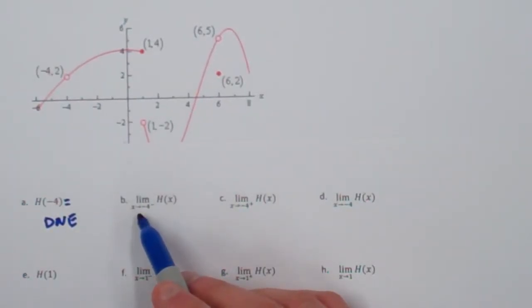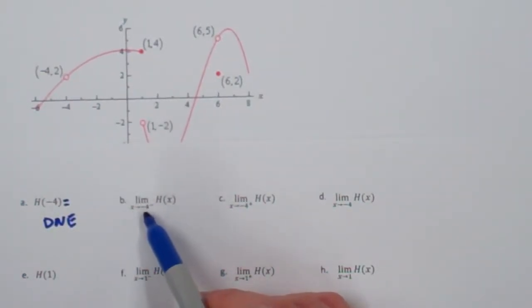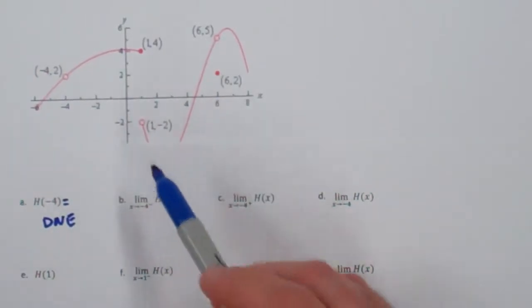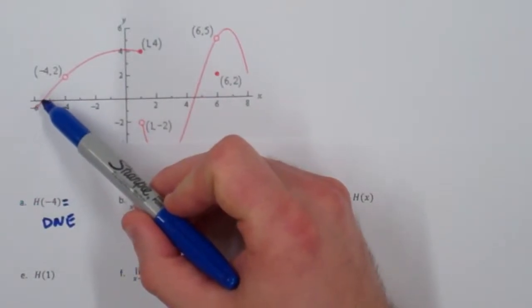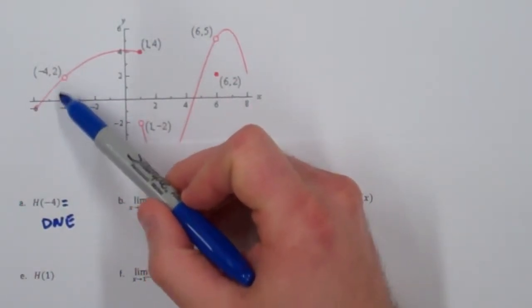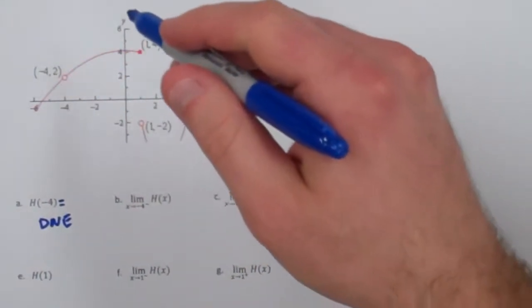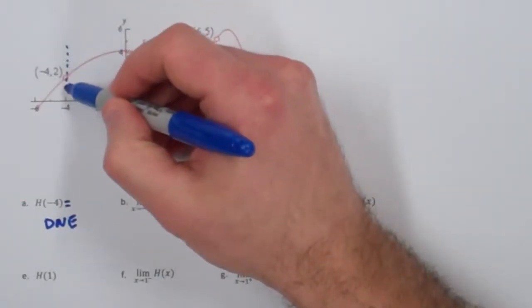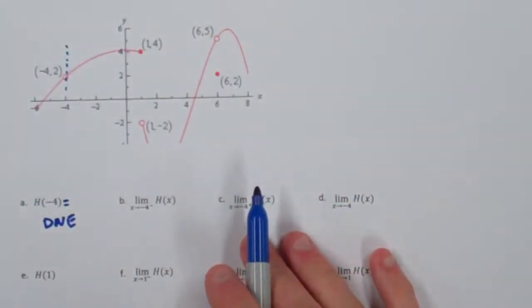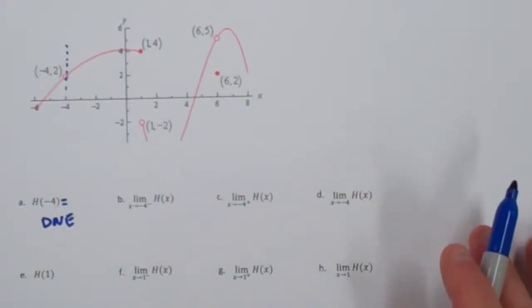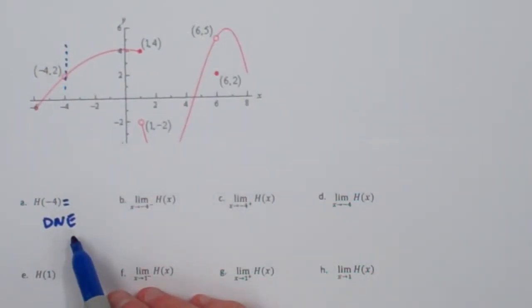If we look to the right, we're going to evaluate the limit as x is approaching -4 from the left. So in this case, we can come from the left and get close to this value of -4. And we don't care anymore what happens exactly at -4. We know that the function's undefined there.